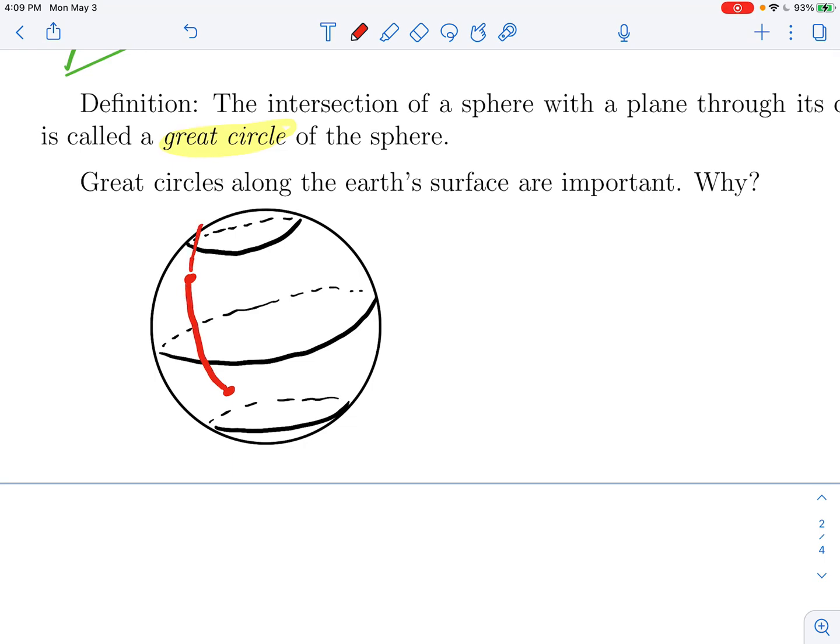So what we would do, and navigators can figure this out, you figure out what is one of the great circles of the sphere. So it's basically a circle that goes all the way around the sphere, around the center.